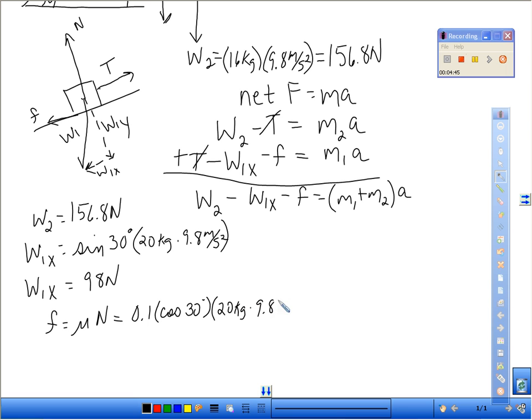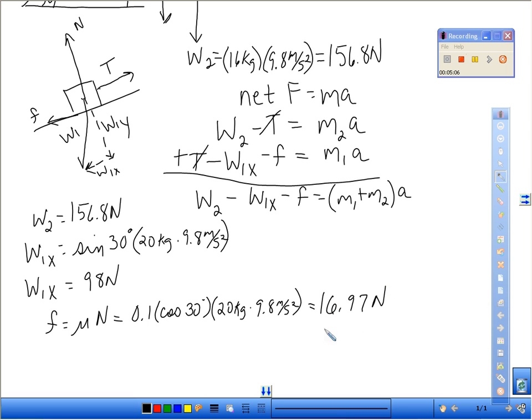And if I use my trusty TI calculator, I take 0.1 times the cosine of 30 times 20 times 9.8, and I'm going to get 16.97 for my frictional force.